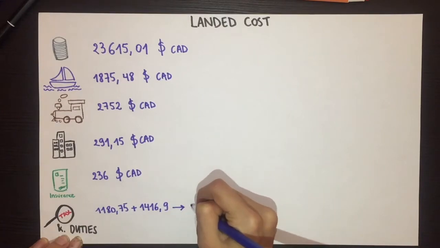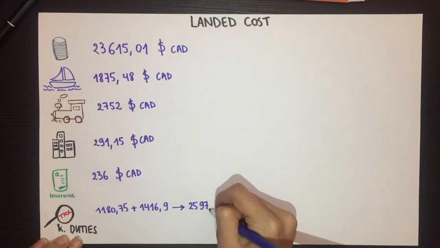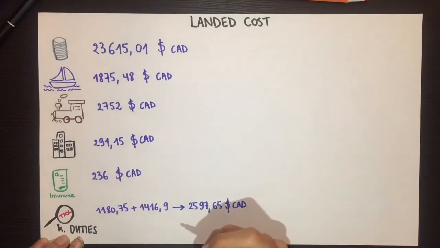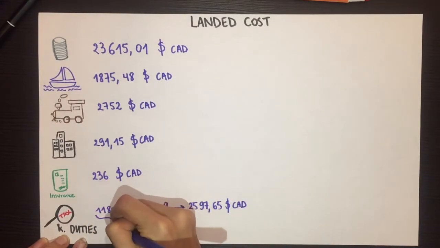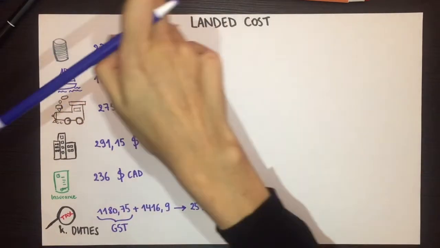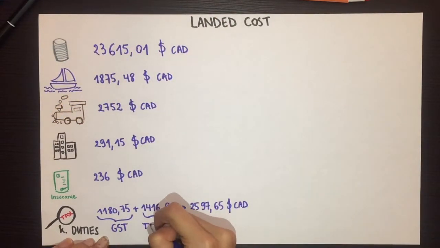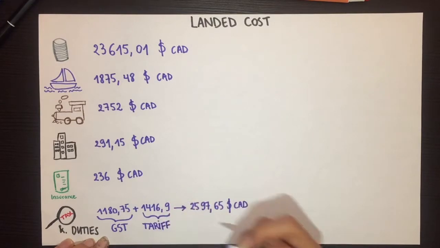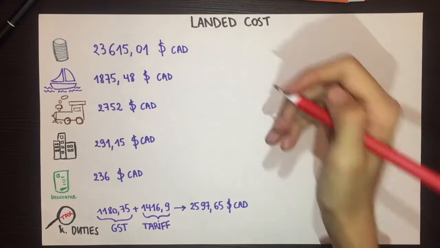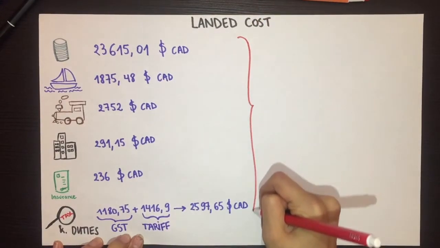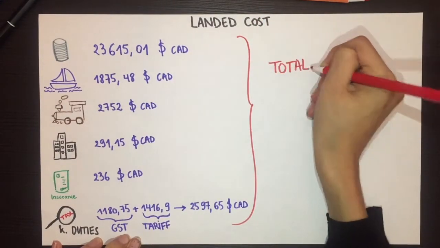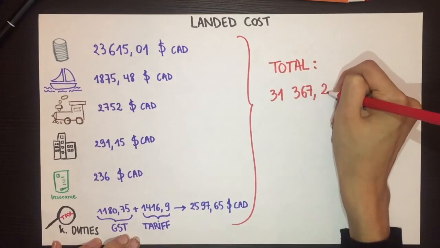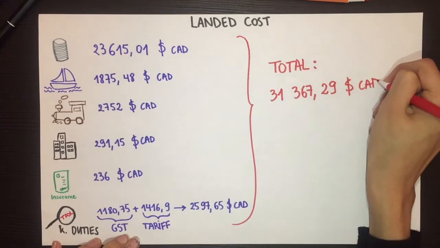Lastly, the goods and services tax and tariff will cost us a total of $2,597.65. The total cost in the end will be $31,397.29.